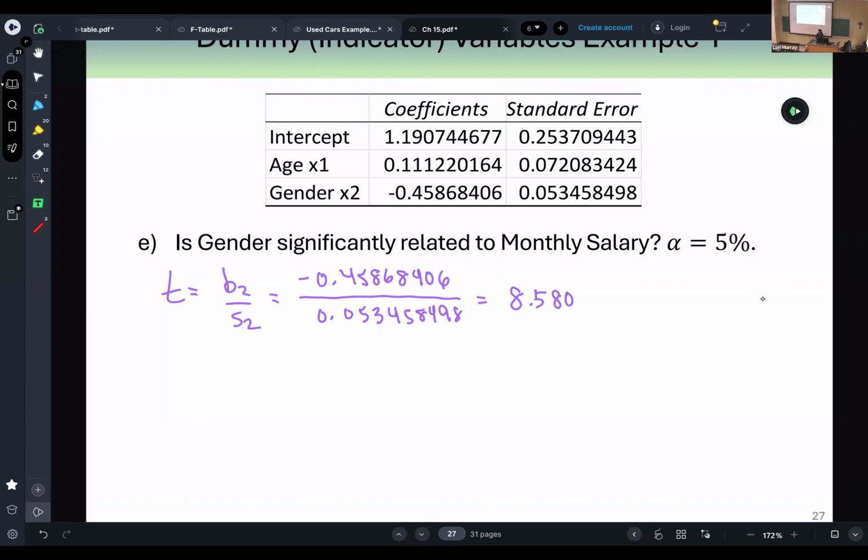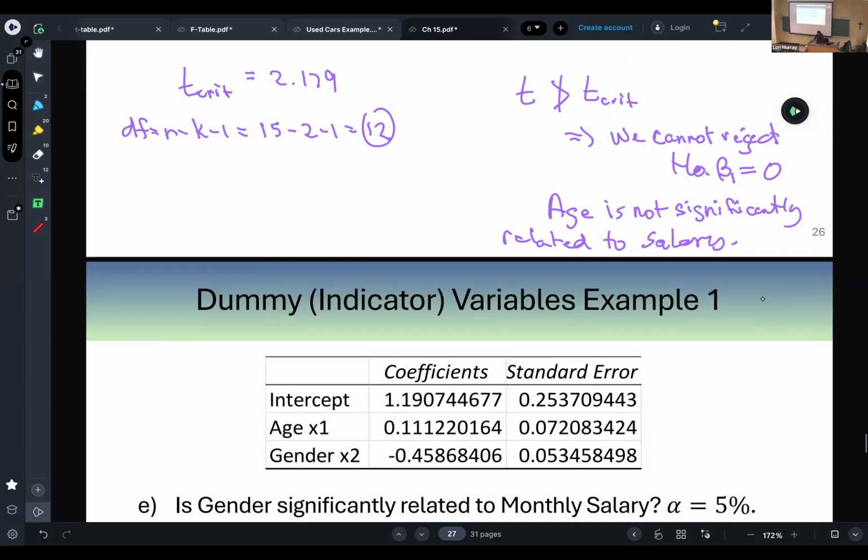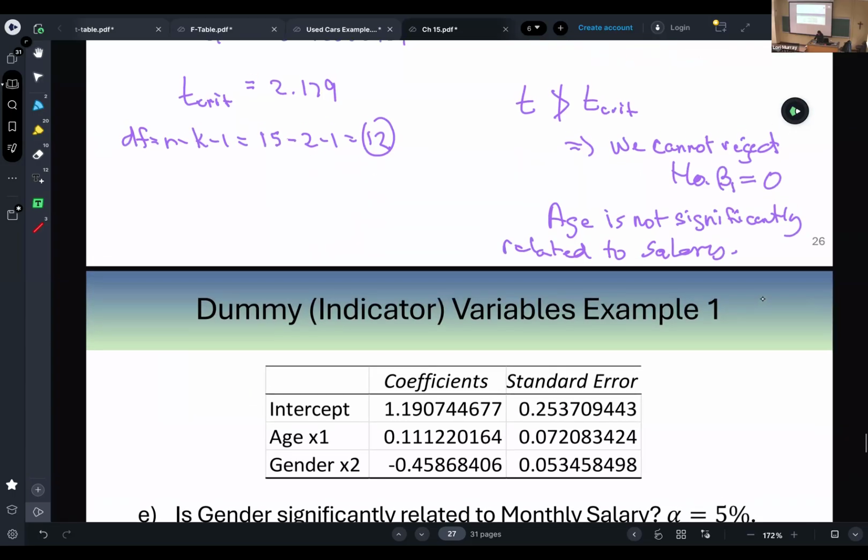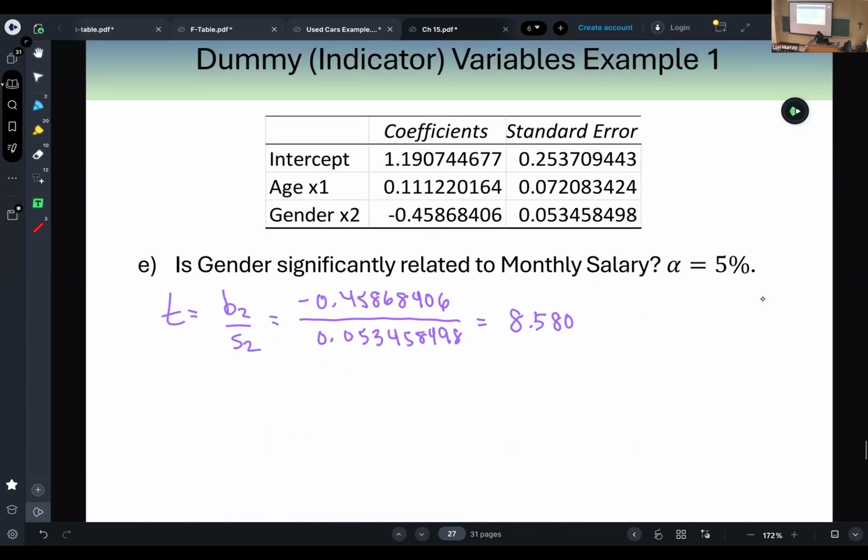Do you get this? Does anybody? Yes, I see lots of agreement. And what was our critical value? T crit is 2.179.